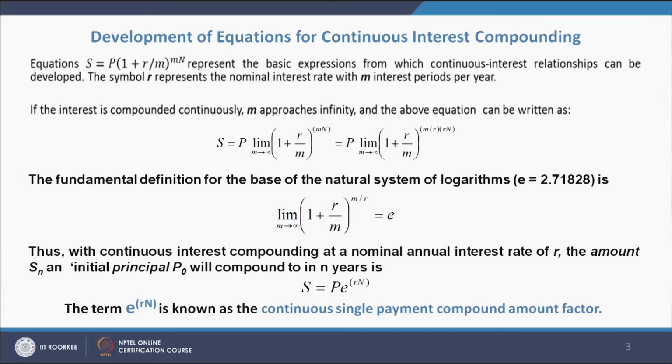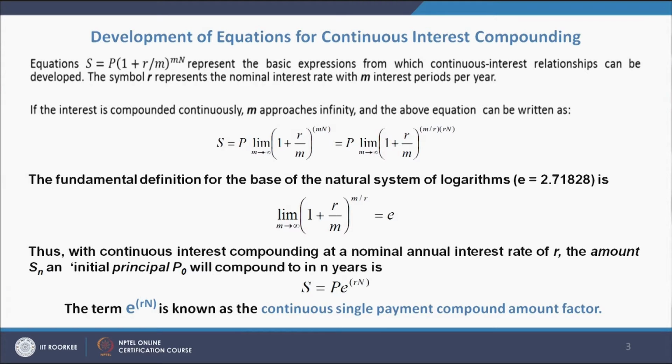The fundamental definition for the base of the natural system of logarithm, that is e equal to 2.71828, is limit m tends to infinity of (1 + R/m) to the power m/R, which is equal to e.